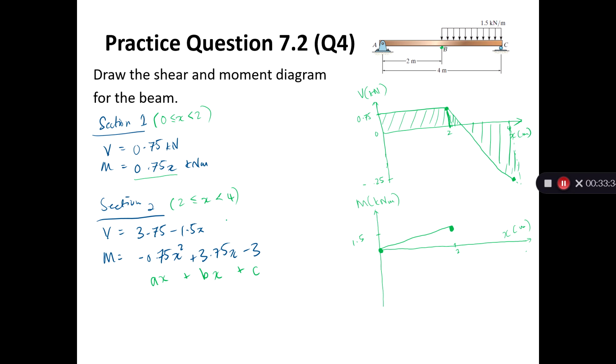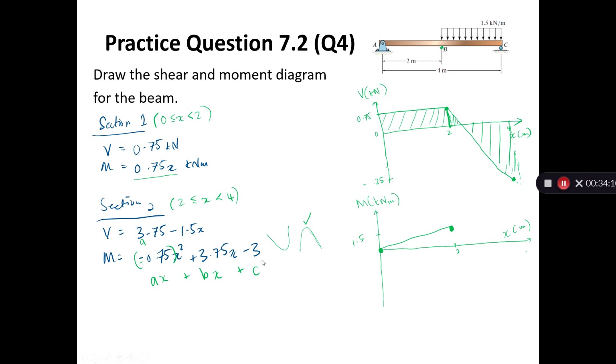You know a quadratic equation results in a symmetrical curve, something like that. Not very symmetrical because of my sketch, but I'm sure you know how the graph should look. This negative sign in front of the x squared, this is our a. So this means that the graph will be looking like this, downwards like that.